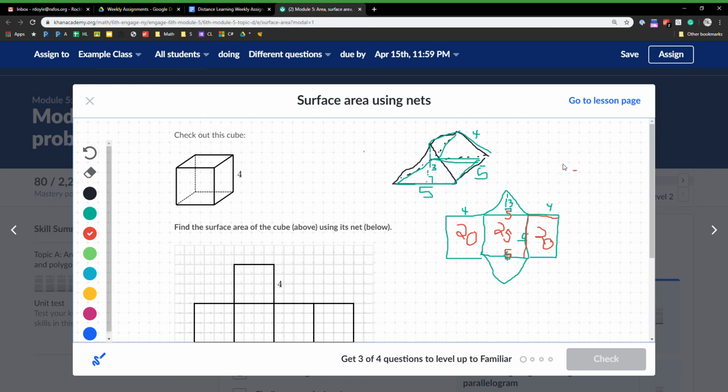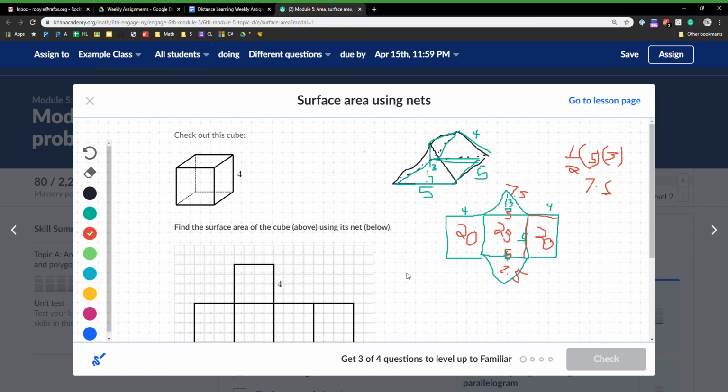We know a triangle is 1/2 the base times the height. So 1/2 of 5 times 3: 5 times 3 is 15, and 15 times a half is 7.5. So this triangle is 7.5, and this triangle is also 7.5 because they're the same.